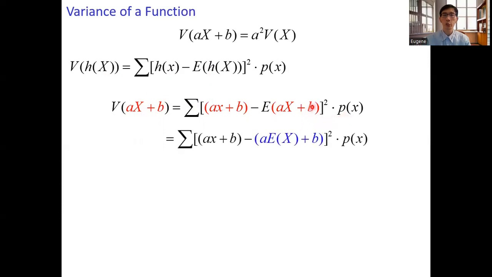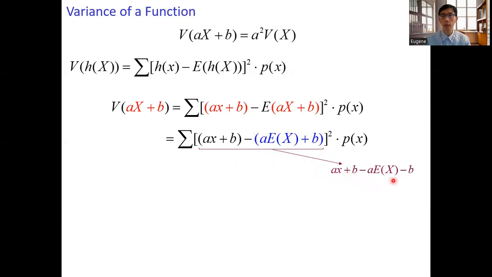And then in the second term of the square bracket, we have the expected value of ax plus b. This is the expected value of a linear function, and this equals a times E of x plus b. Next, we simplify the term in the square bracket: ax plus b, and then minus the term a times E of x plus b.